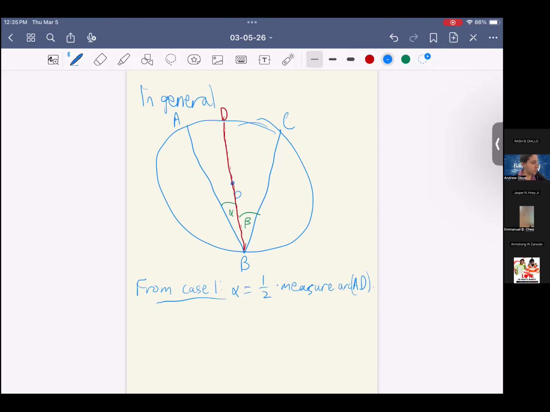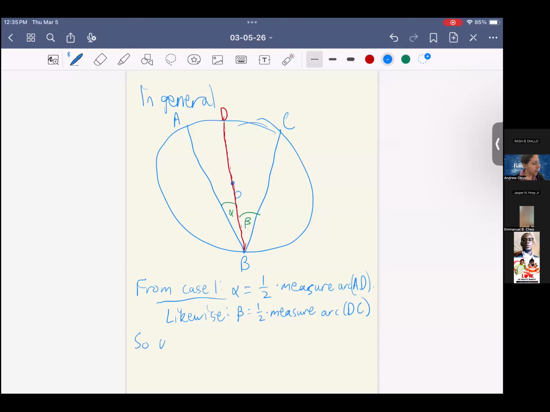Right? Because this is the theorem that we had. This angle does go through the center, so the angle alpha has to be 1/2 measure of arc AD. And likewise, beta is equal to 1/2 times the measure of arc DC, because again, one of the lines is going through the center.